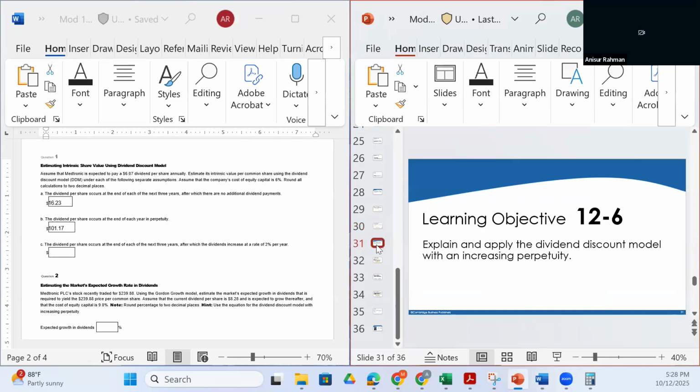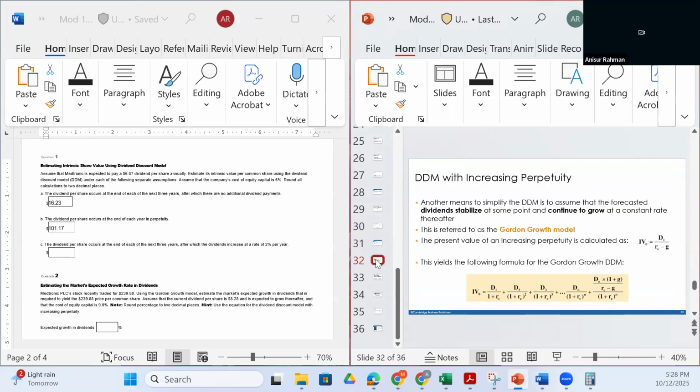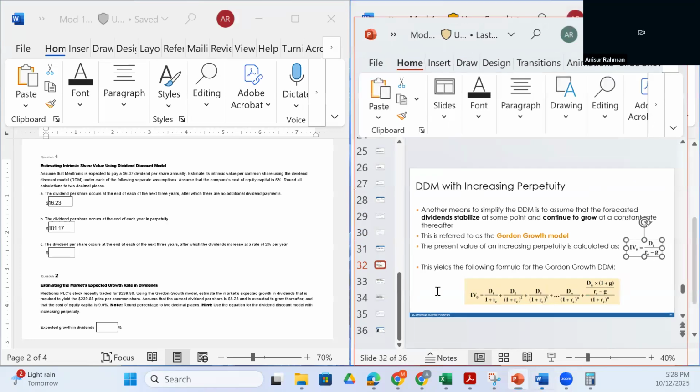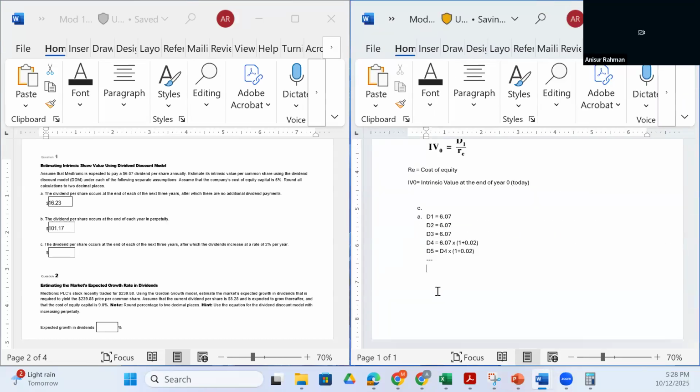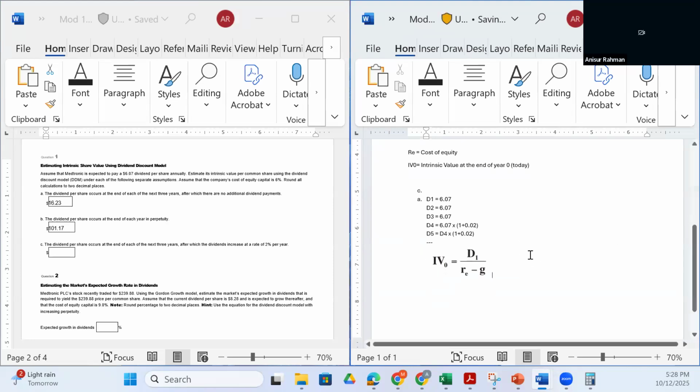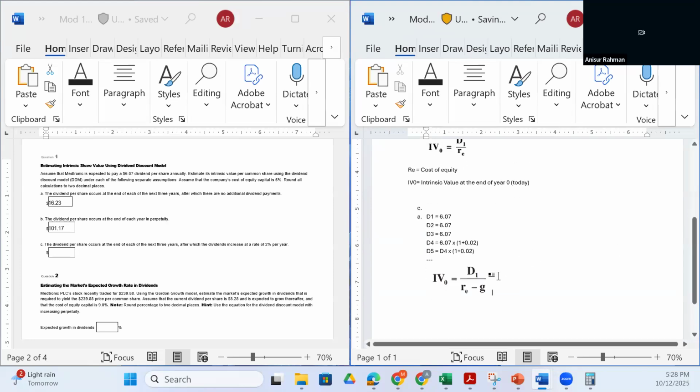For example, if dividends are increasing and they are a perpetuity, we can use this formula. Let me write this down here. So what you see is D1 over RE minus G. Now, this is only for the part when dividends are increasing.